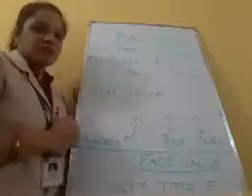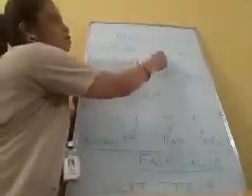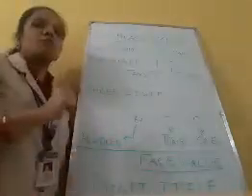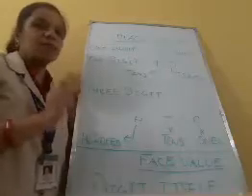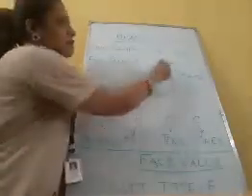What are these place values? In 1 digit, ones, O-N-E-S, ones. 2 digit, ones and tens.